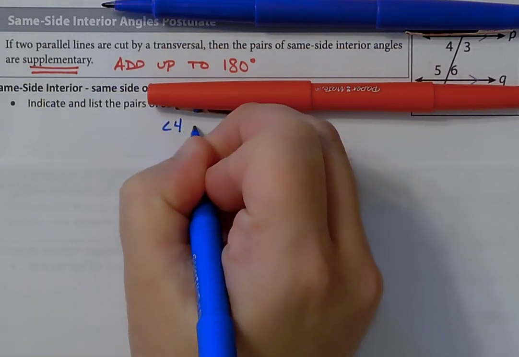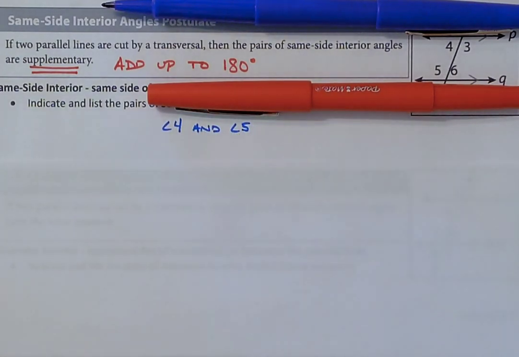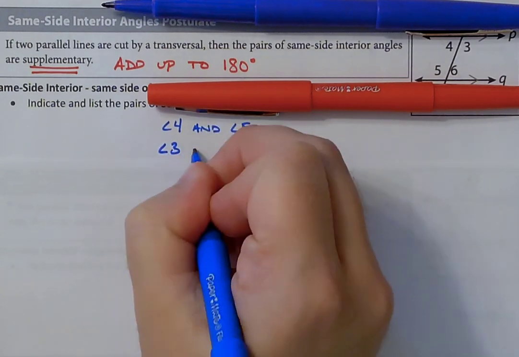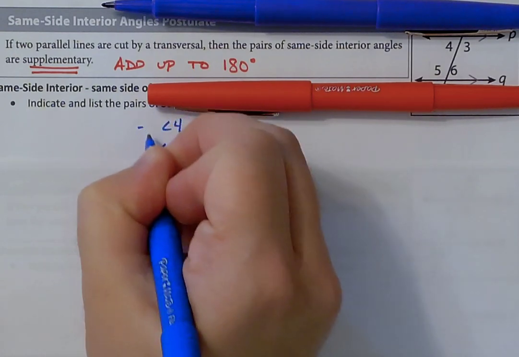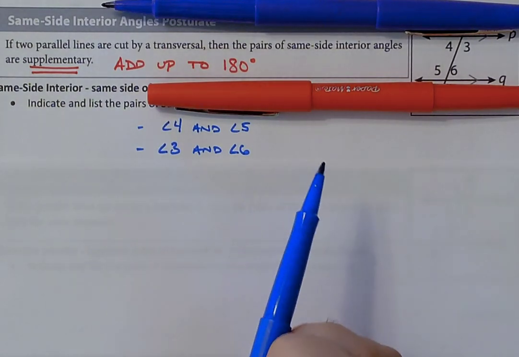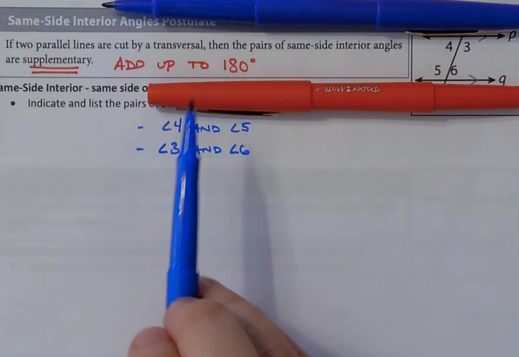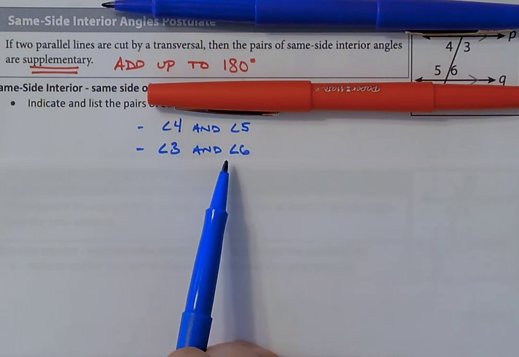So angles 4 and 5 is our first pair of same side interior, and then angles 3 and 6 is my second pair. So there are 2 sets of same side interior. And what we talked about with this postulate is that these add up to be 180. So angles 4 and 5 would equal 180, and 3 and 6 also equal 180.